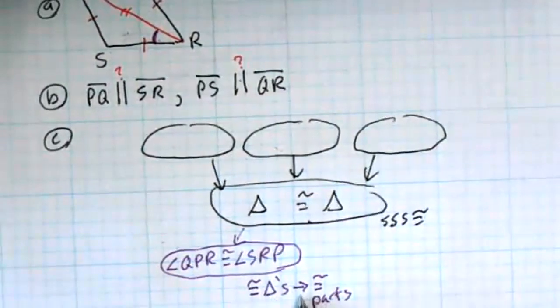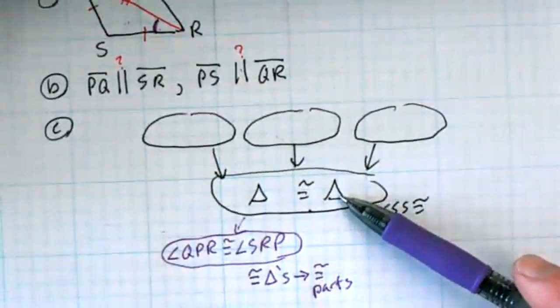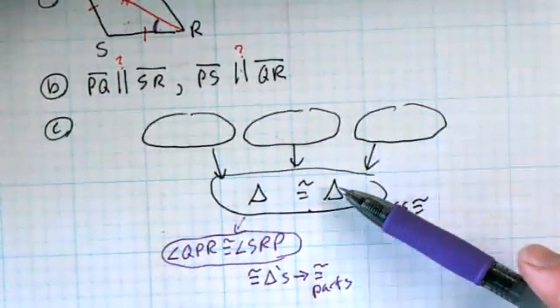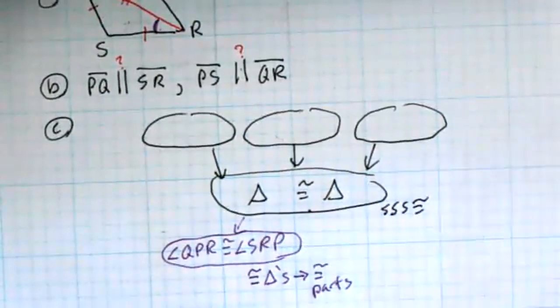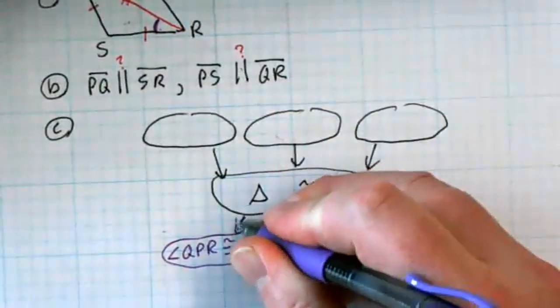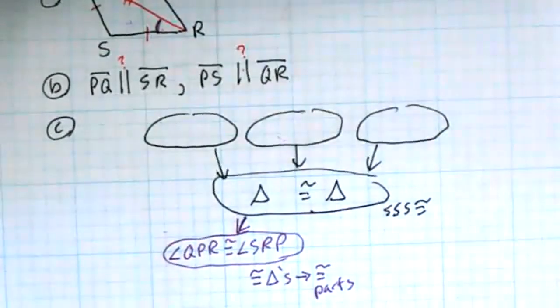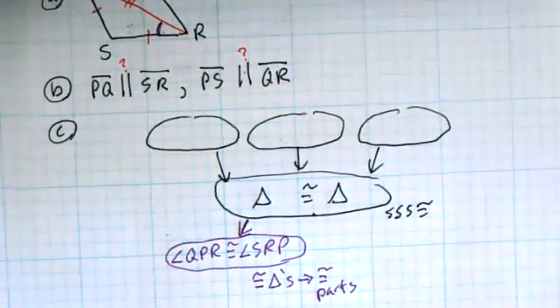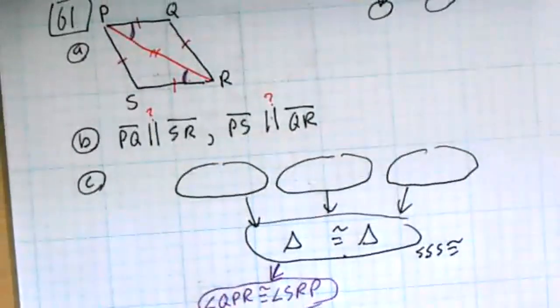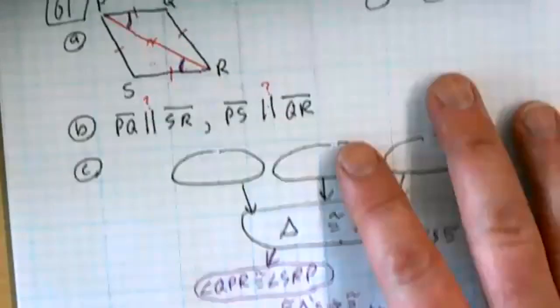We're going to be using this a lot. It's always going to happen after the triangles are already proved. Once we got the triangles proved, then we're going to use this to start talking about some of the other parts of the triangle. So the triangles actually lead into this. So we could go back and find some other angles that would be equal. I'll leave that to you.